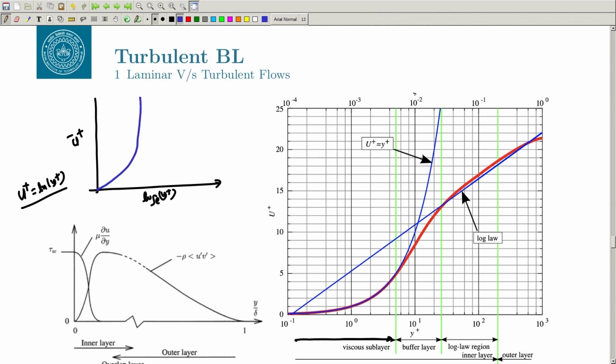Okay, so it will be like this, and this happens up till y plus equal to 5.